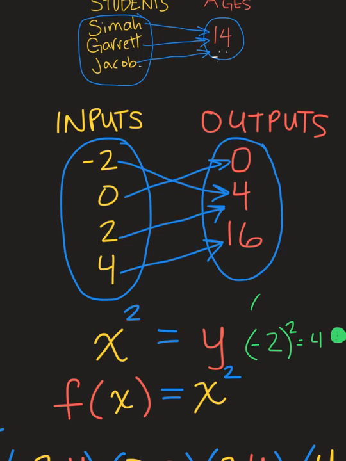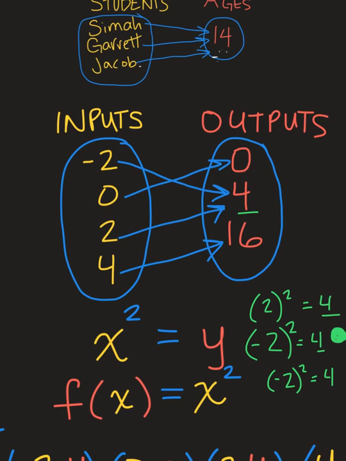If I put in 2, so 2 times 2, I also get 4. That's why they both have the same output. But there's no way I could put in, let's say, -2 and get anything out of that other than 4. So I couldn't say, for instance, that -2 has an output of 4 and some other number. It's only ever 4. That's why this is a function.